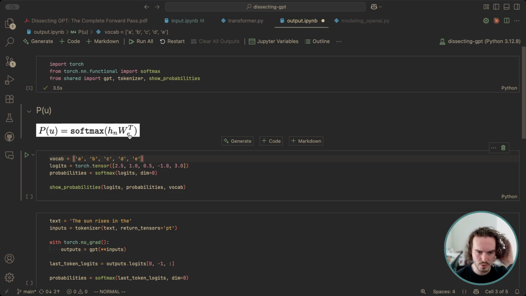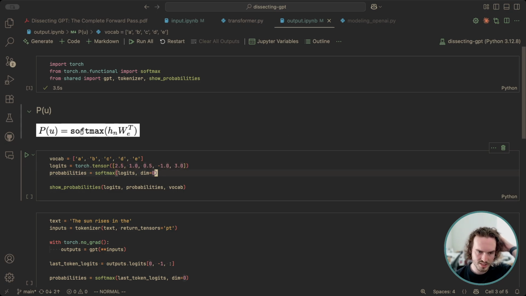And so if we transpose our token embedding matrix and then we multiply our final hidden state by that, then we effectively are outputting a score for each token in the model's vocabulary. And so that's called a logit. And so in our example, there are 5 things in the vocabulary, so we have 5 logits, 1 score per token in the vocab.